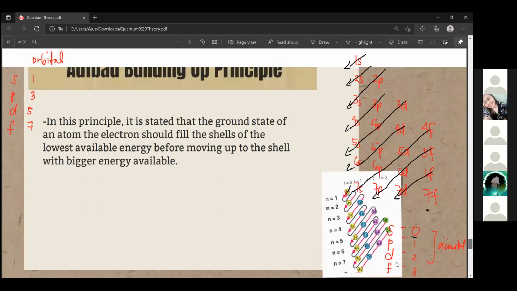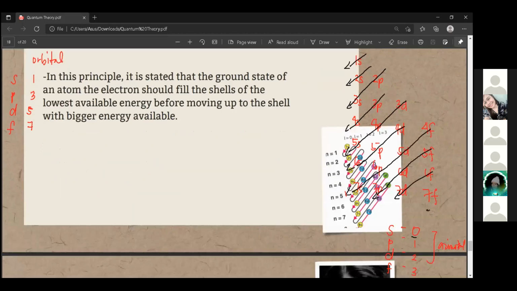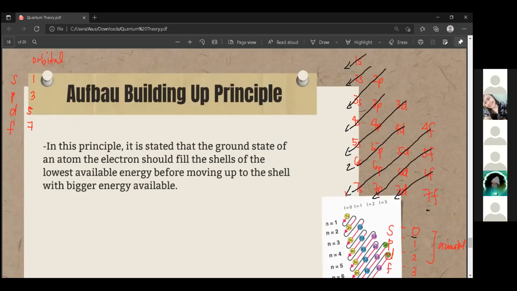And then the Aufbau building up principle. Actually, when I learn these principles, may mga tinatandaan ako like Aufbau principle. Aufbau, parang bow and arrow, diba? When you have bow and arrow, if you release the arrow, it will really go padulong sa certain distance, or it can go upward.